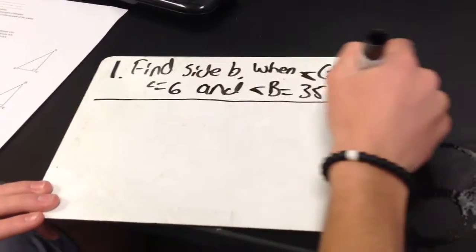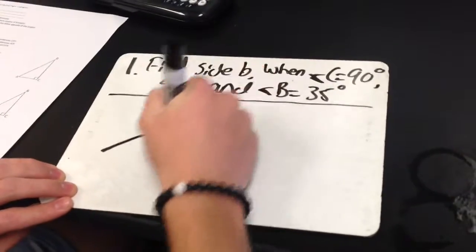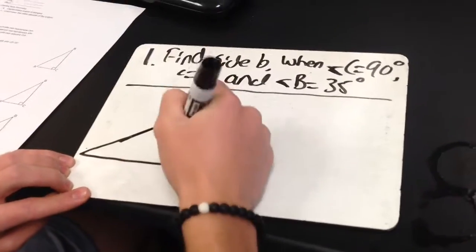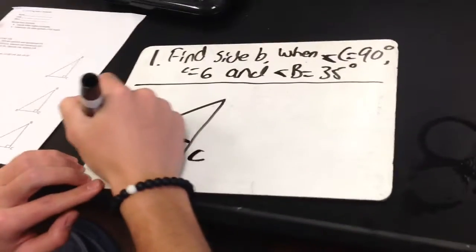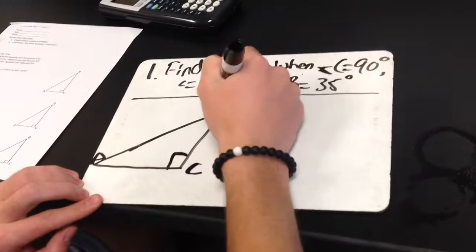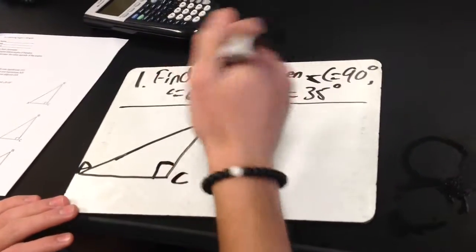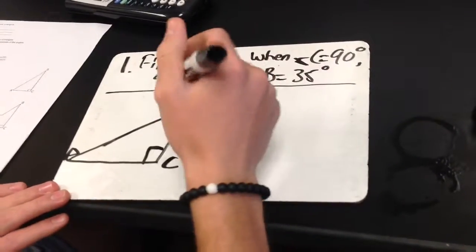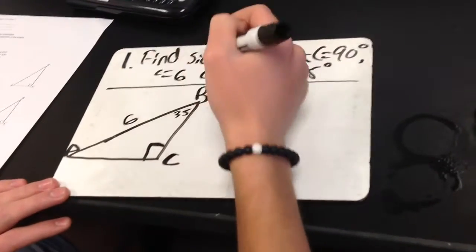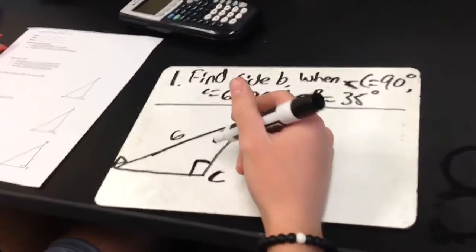Alright, now first you draw the triangle, which you have some on your sheet already, and that would be C, A, and B. Now you label all the sides that you have in the angle, so big B is 35, little c is 6, so that'd be right here, and then the 90 is here, which you already have as the right angle.